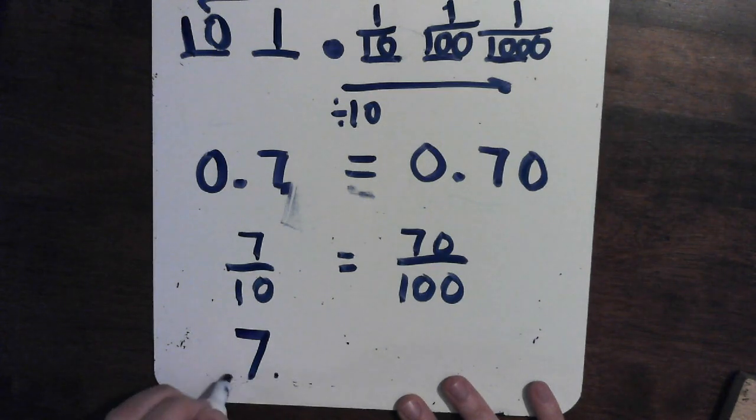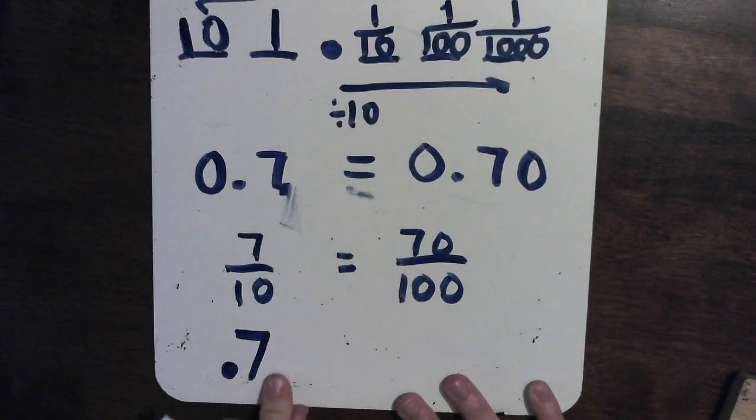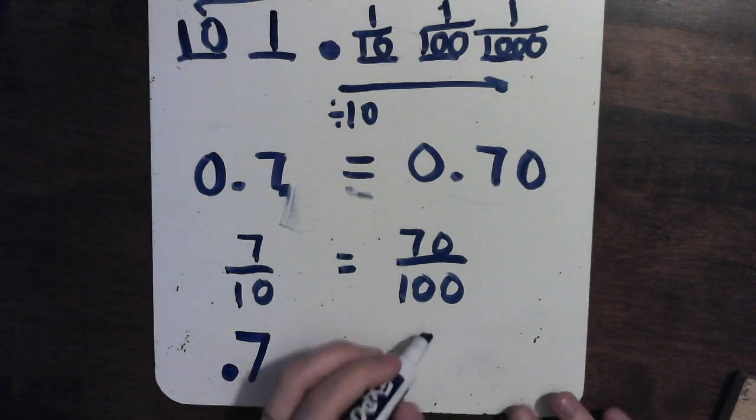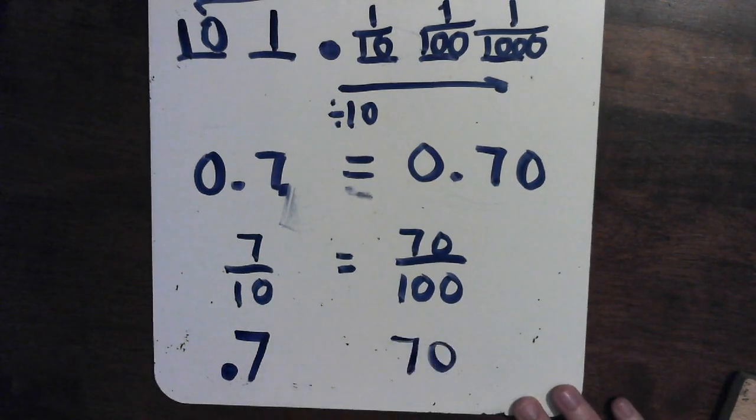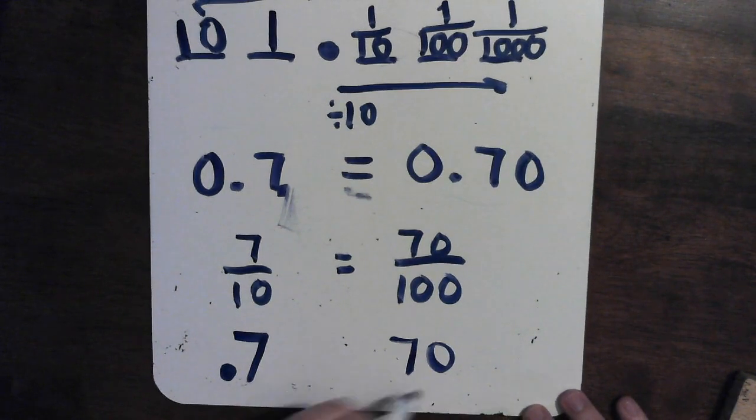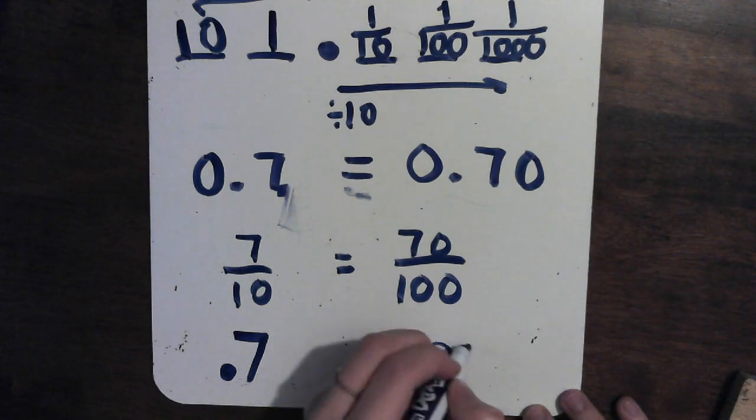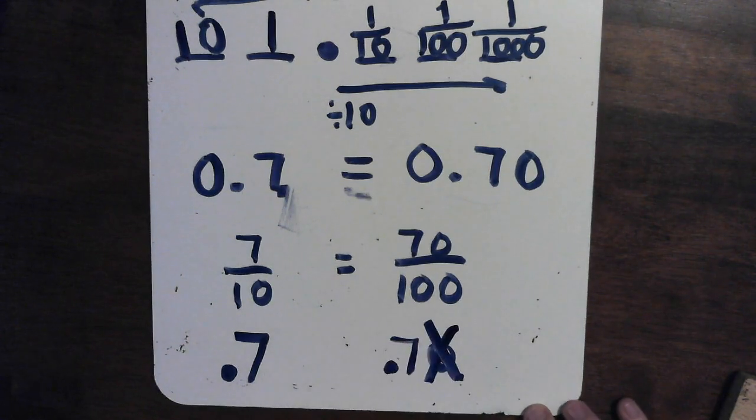It has to get 10 times smaller, so it becomes 0.7. Now I have 70. It has to get 100 times smaller, so that's 2 shifts to the right, so it's 0.7. 0.7 and 0.70 are the same because this 0 does not change the value, okay?